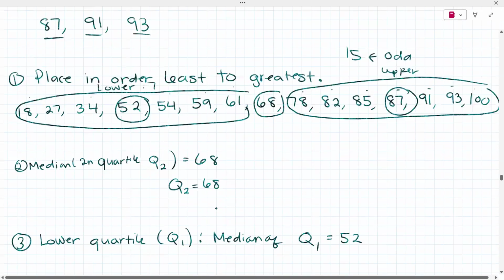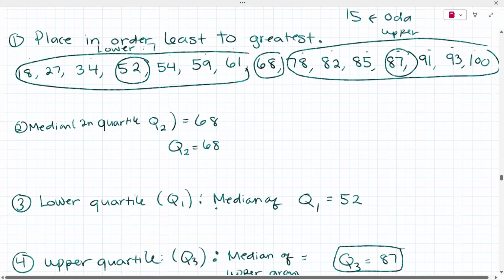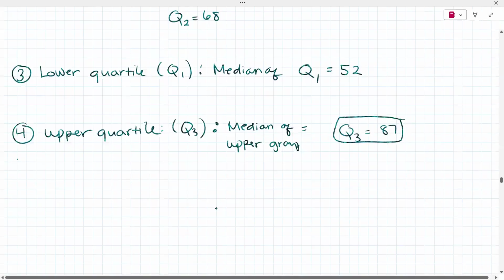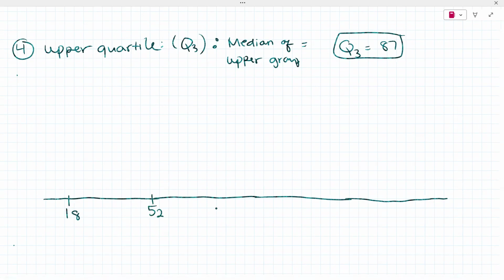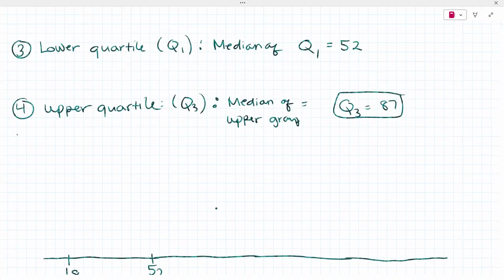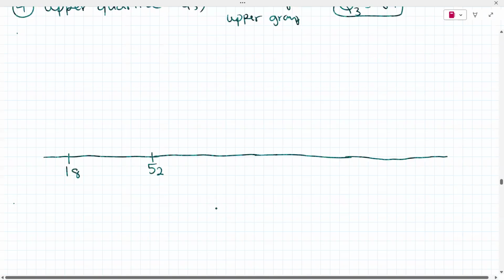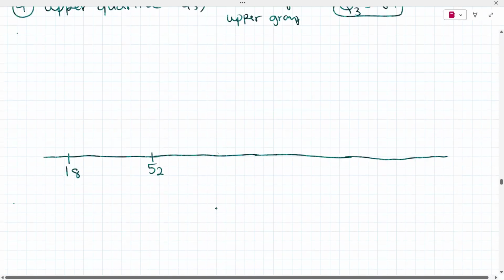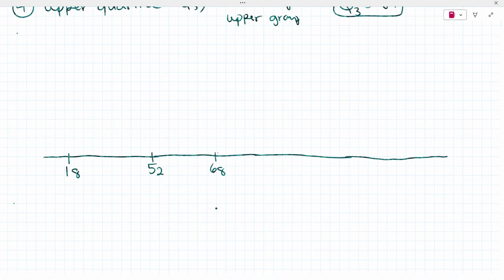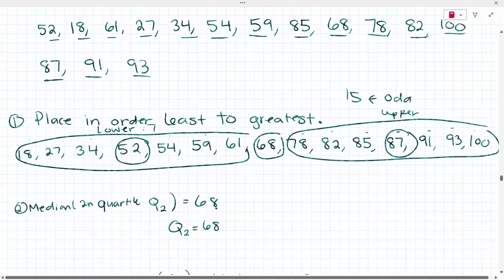What was Q1? The lower quartile, 52. So we could put 52 here. And then quartile 2 was 68. And then quartile 3 was 87. And then our maximum number was 100.